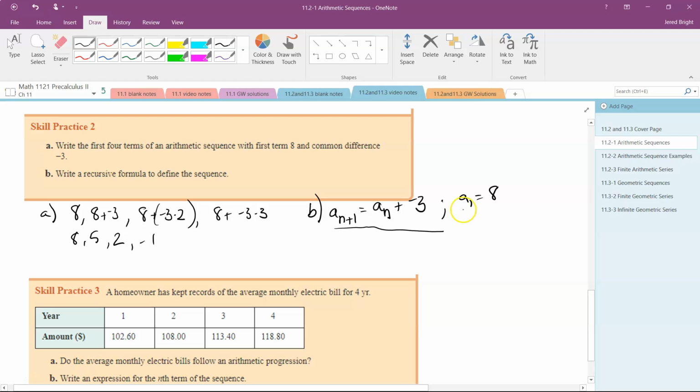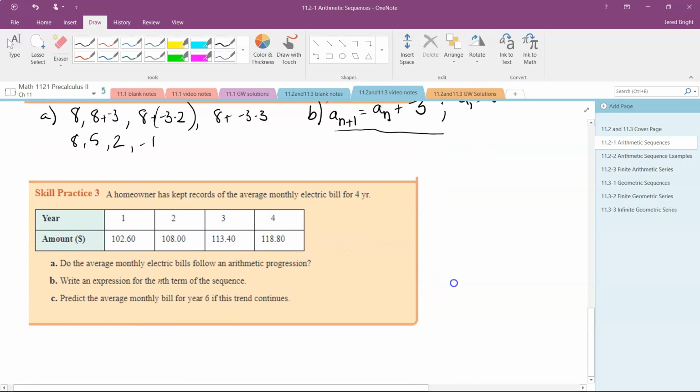So I have to give the starting value as well as the recursion formula. Just a side note, this part of the recursive formula for an arithmetic sequence stays the same. The only thing that changes is your value of d. So there we go. A recursive formula needs 2 parts.